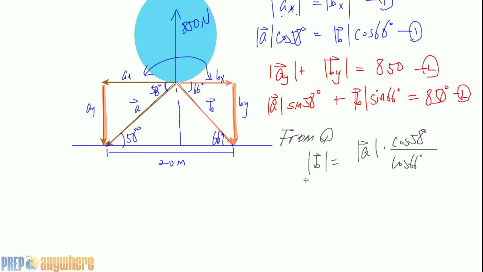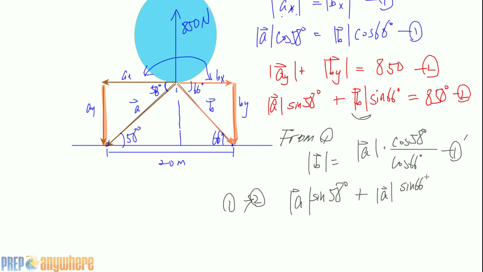Okay. So you plug that information into equation 2. Right, equation 2. So you get A sine of 58. This B will be replaced with another A. Right. Sine of 66, cosine of 58, cosine of 66.